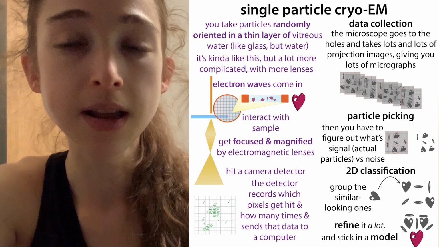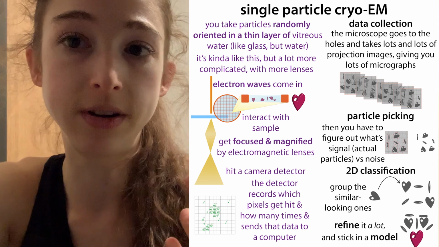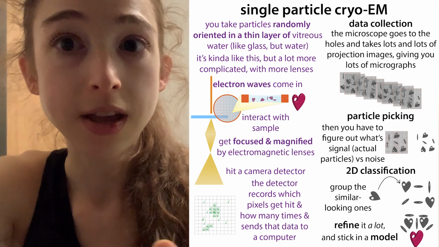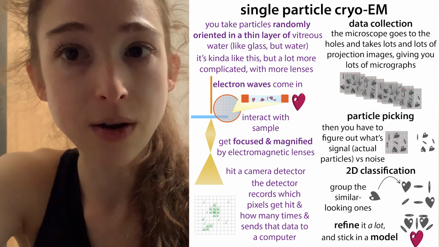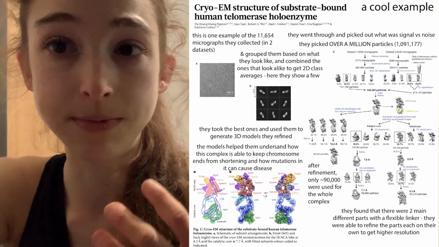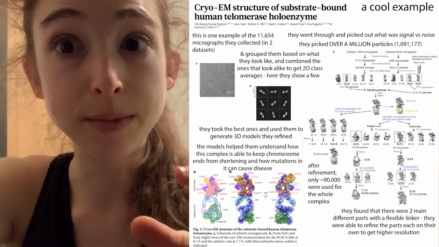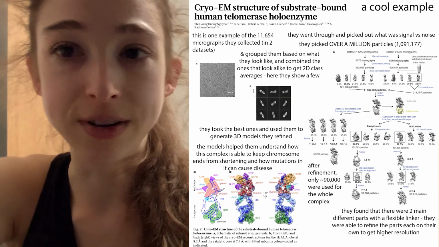But you don't rely on the protein having to be in the same shape or in the same orientation. As long as there's enough of them in that orientation or enough of them in that shape, you can then average that information together. But you have to have enough of them in that shape or in that conformation.